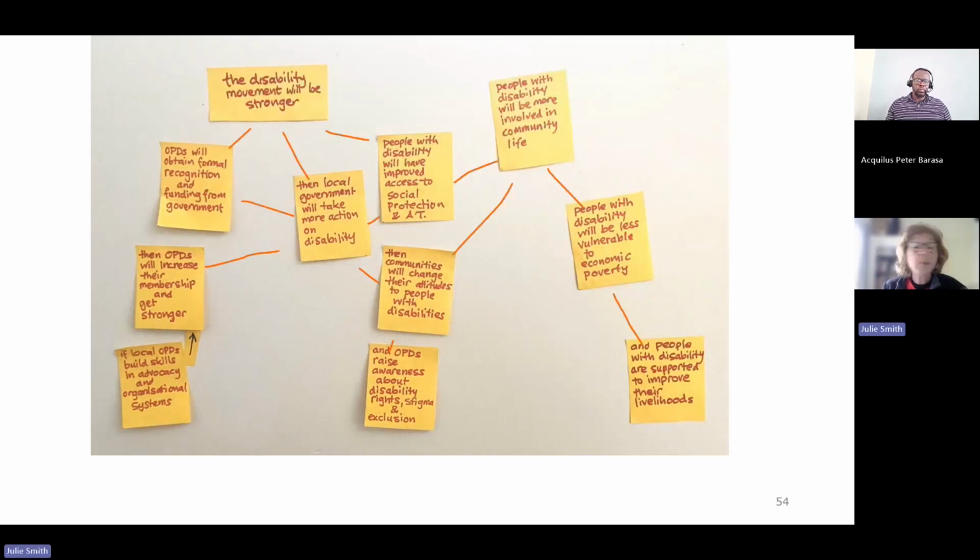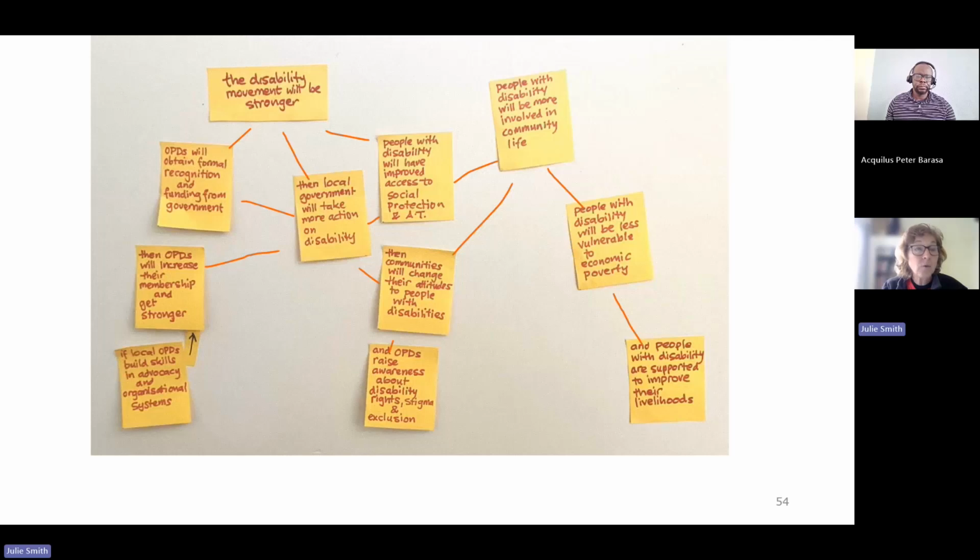Okay, so if people have more access to assistive technology, they're going to be more involved in community life. They're going to be less vulnerable to poverty. So that means they're going to be able to hire a taxi to get to a community event. And when they get to a community event, they're going to be welcomed and they're not going to feel discriminated against.